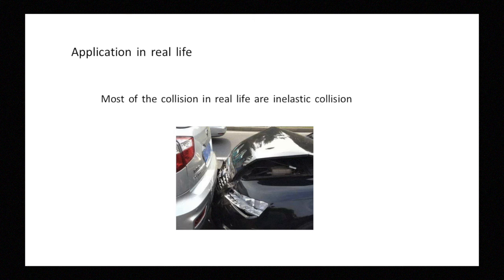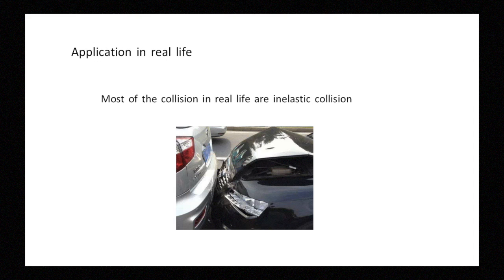For example, if there's a car crash on the highway, the two cars will slow down or even stop after their collision. This is because, first, the two drivers will step on their brakes to stop their cars. The second reason is that they will lose some heat when they crash together, which is why sometimes there's fire during a car crash.